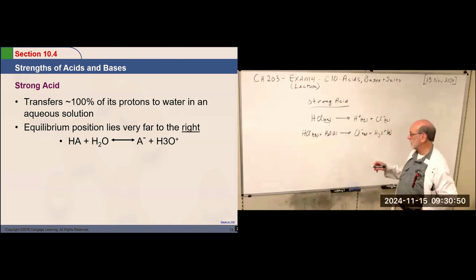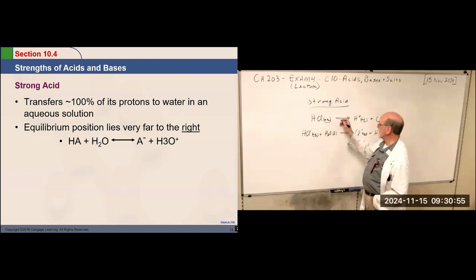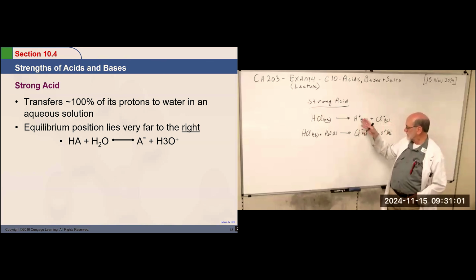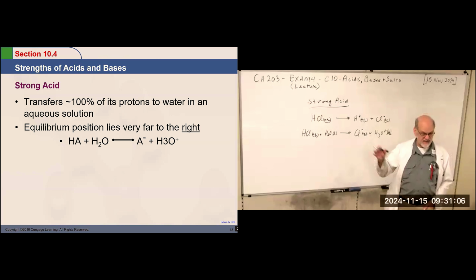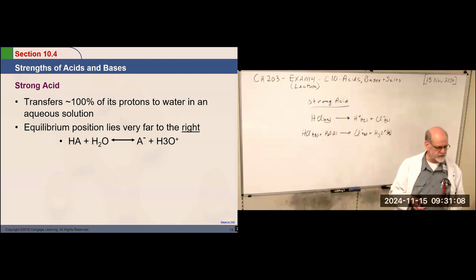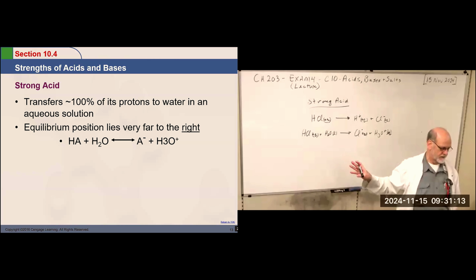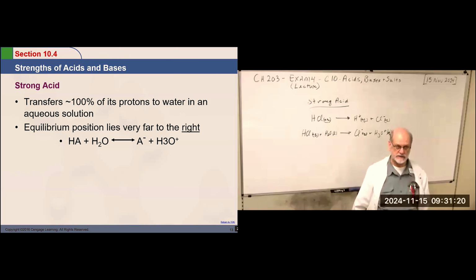But back to the topic. This reaction goes essentially all the way to the right. No returns. Now you've got your hydronium ion and your chloride ions in solution. That's it. The first hydrogen ion from sulfuric acid does the same thing. The second hydrogen is another story. What's another example? Nitric acid will do the same thing.